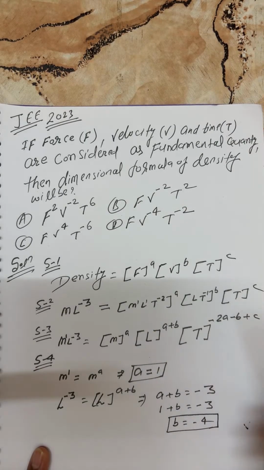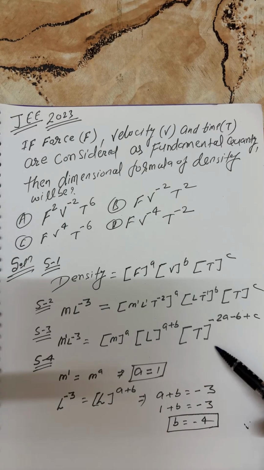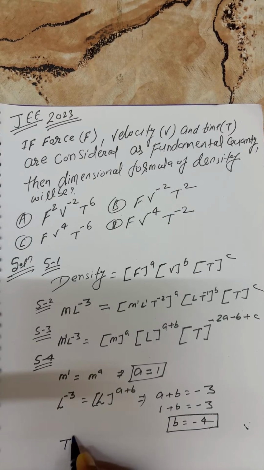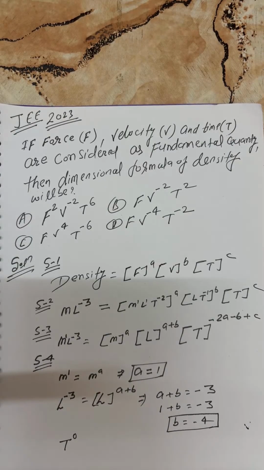We got a and b, but we have to find c also. So we can say, sir, time terms we have only in the RHS. We don't have time terms in the LHS. So you can take t to the power 0, because any number to the power 0 is equal to 1.